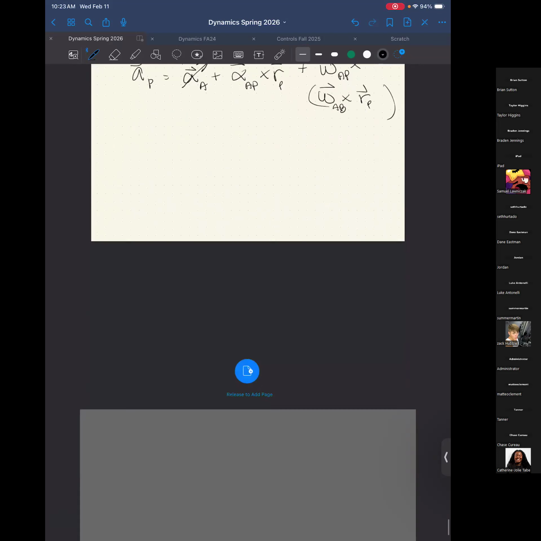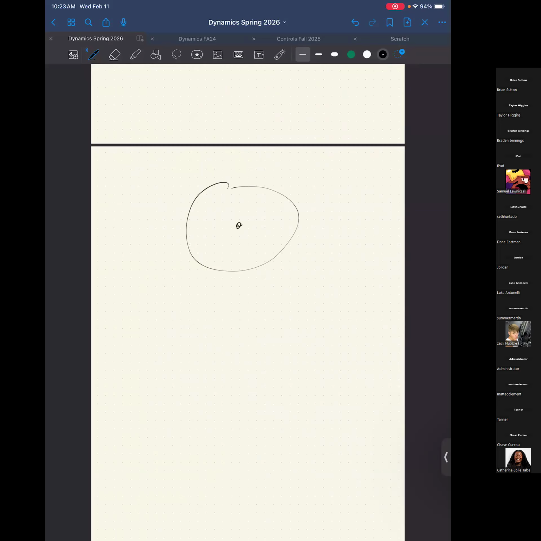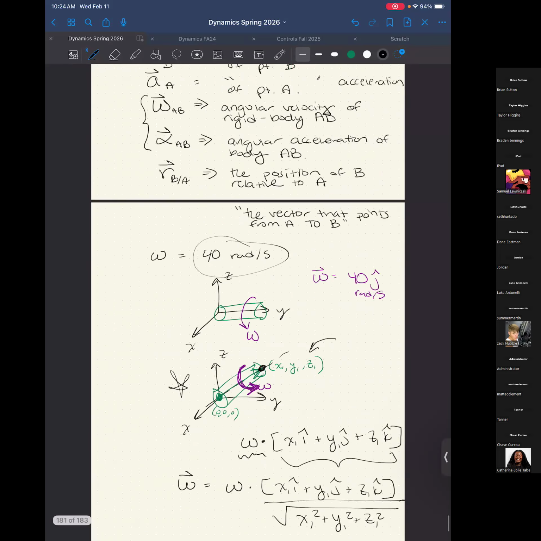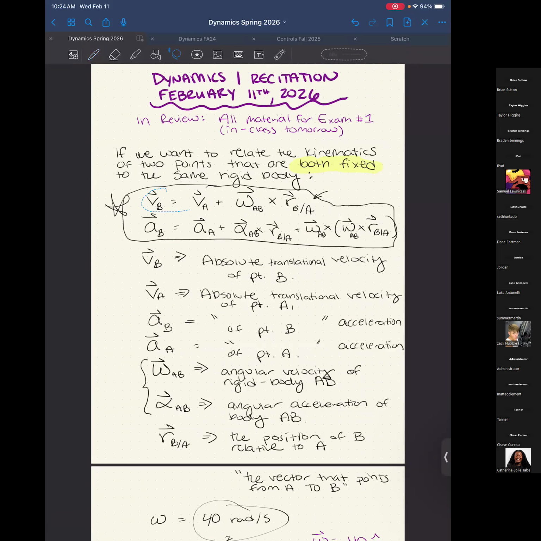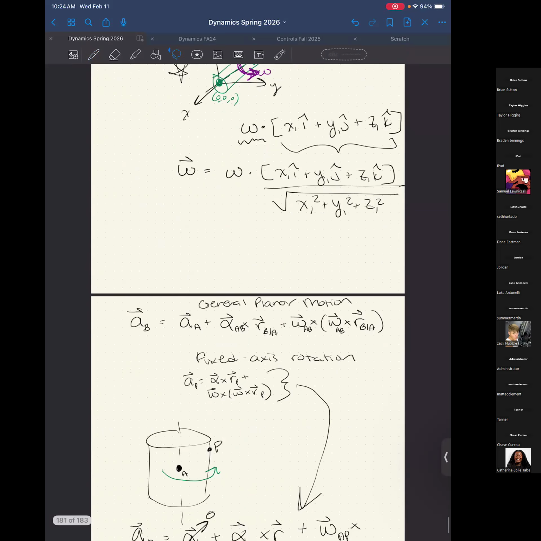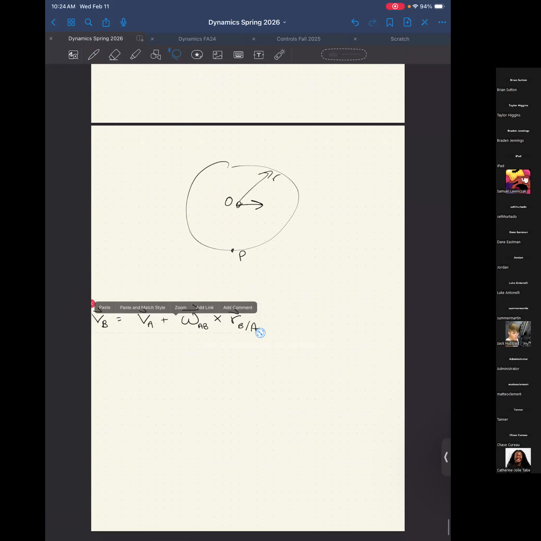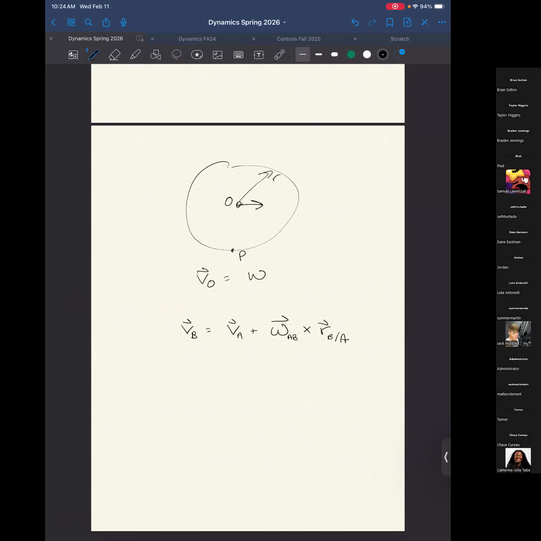So basically what they wanted you to do was, if you have a point that's rolling without slip, and this is point O and this is point P, and you have an R, they wanted you to use this general planar motion equation. You know that the velocity of O is equal to omega cross R, omega R in the I-hat direction, as long as I give you an I-hat direction, right?